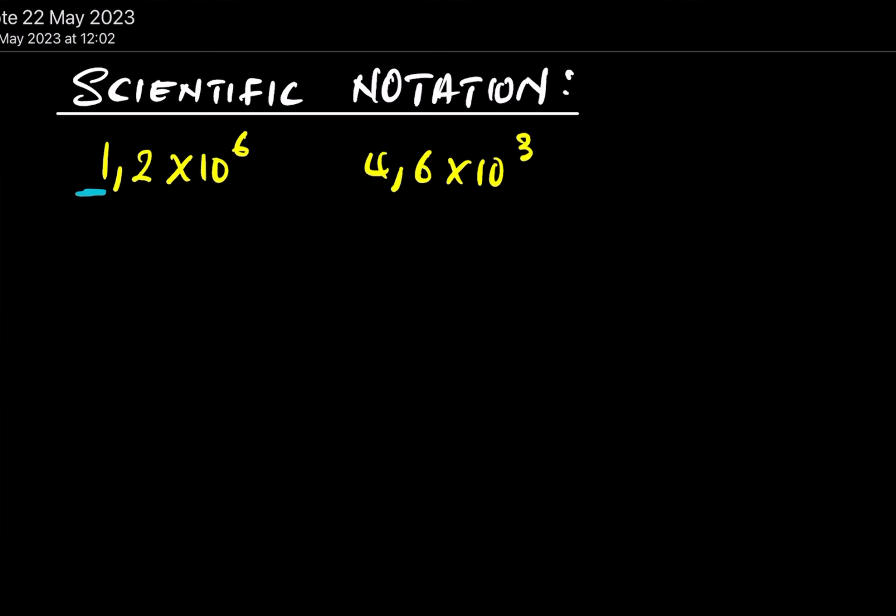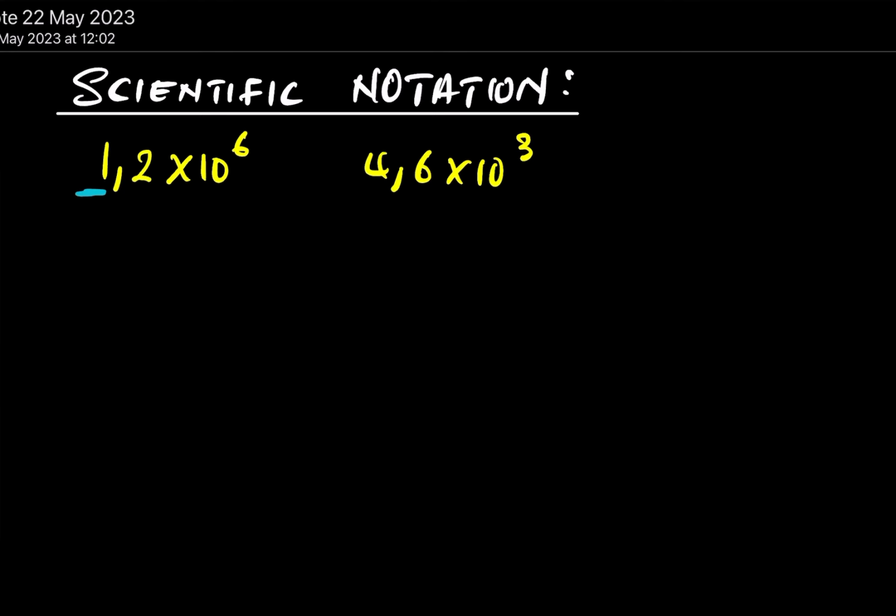Pay attention now. Let's say I have 11,6 multiplied by 10 to the power 9. Look at this one. This number 11 here is not between 1 and 10, so I need to convert it to be in scientific notation.